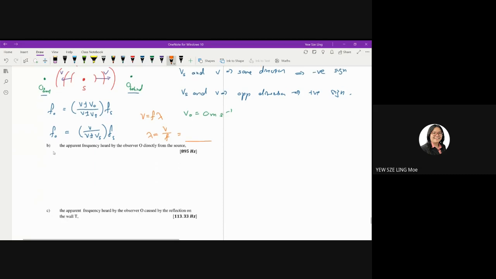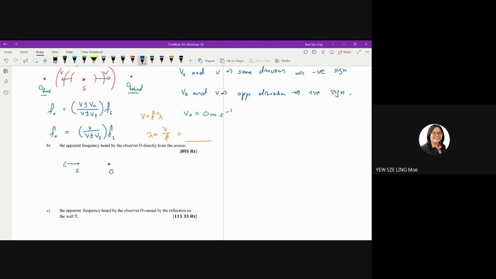And then question B, the apparent frequency heard by the observer directly from the source. The observer is standing behind, therefore you have the answer already. Your apparent frequency, F observer, you're going to use the one at the back, so basically you just rewrite it. This is your source, and this is your observer.